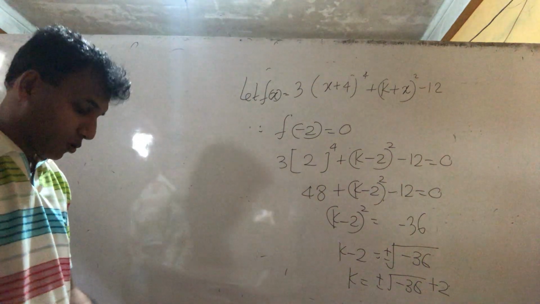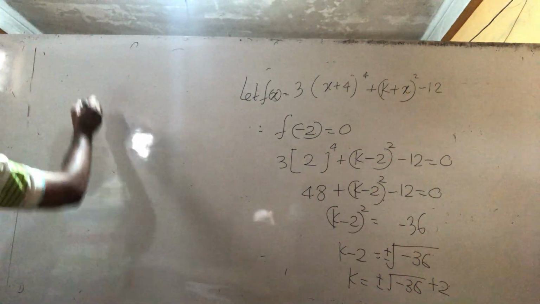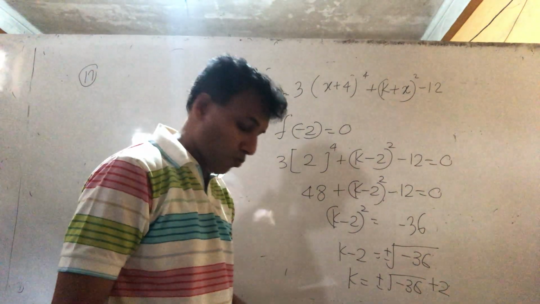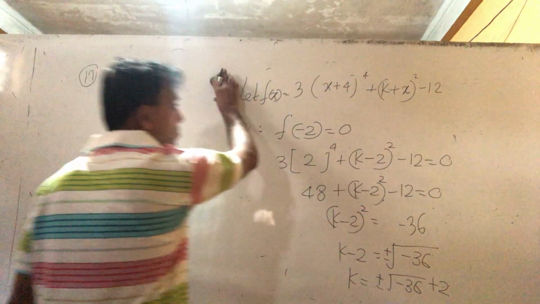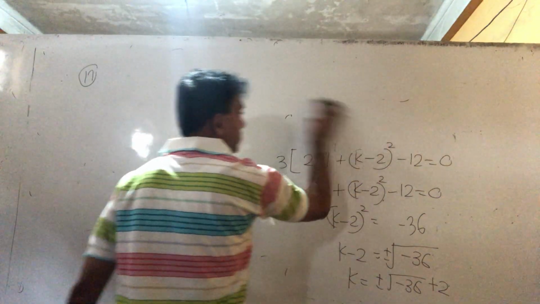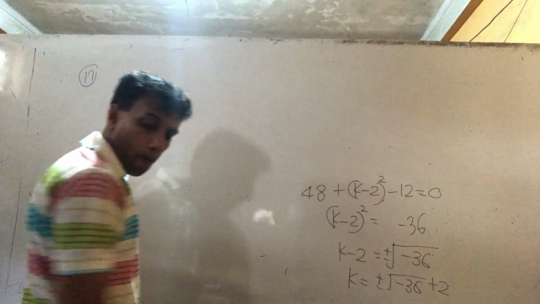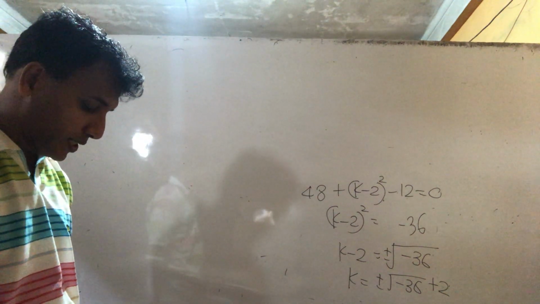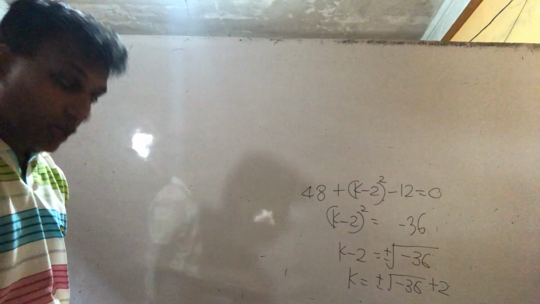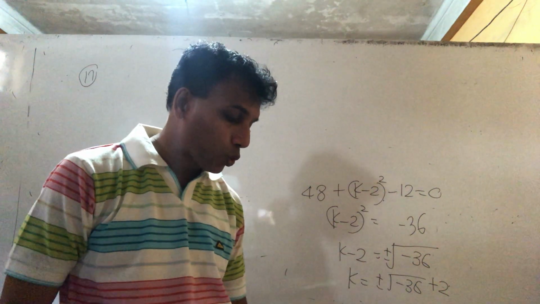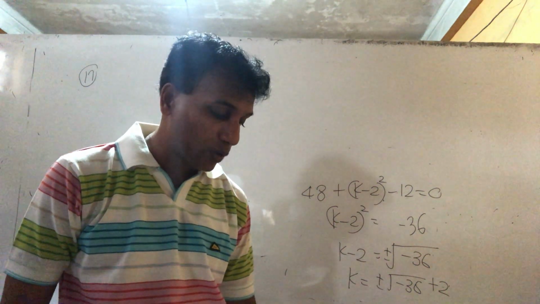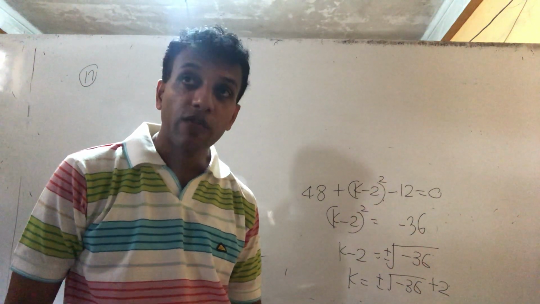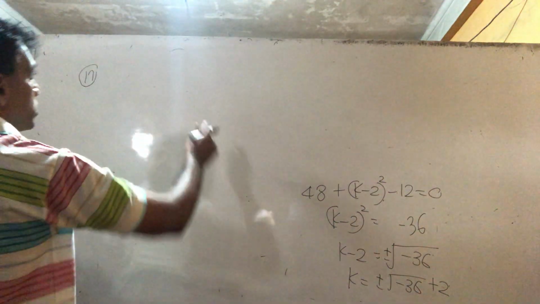See the next question, problem 17. Given that x plus 2 and x minus 3 are factors of the polynomial, find the values of a and b.